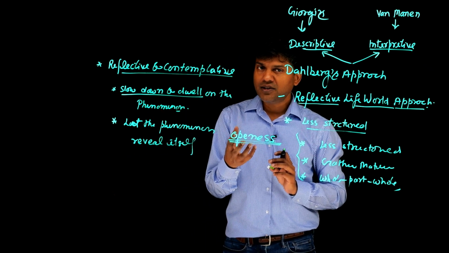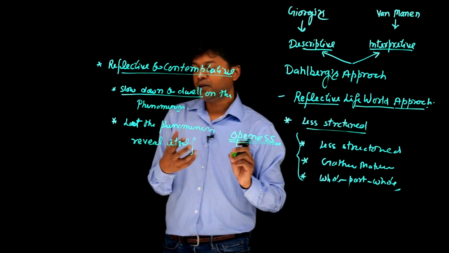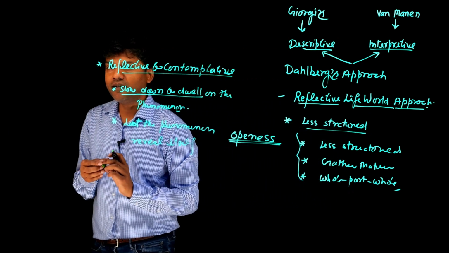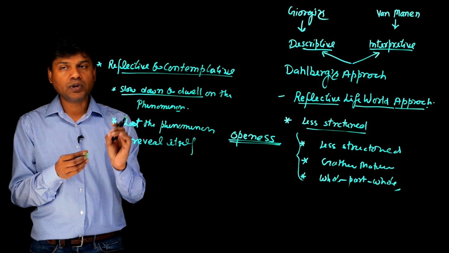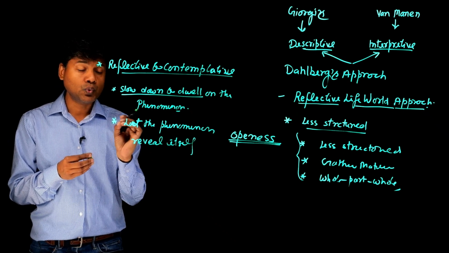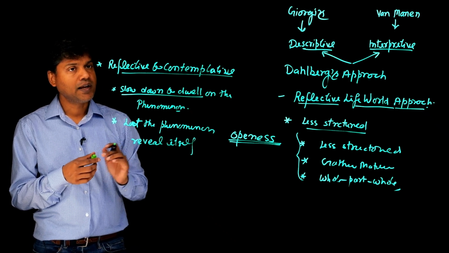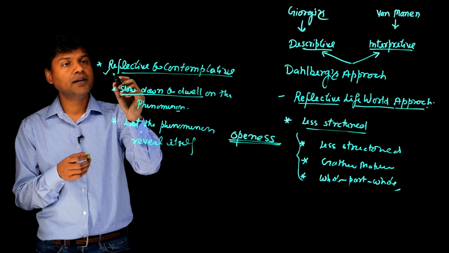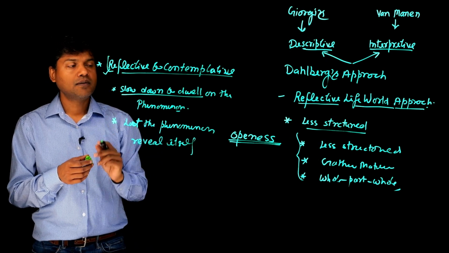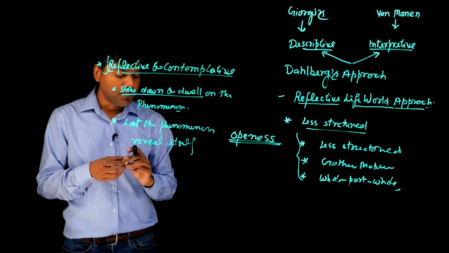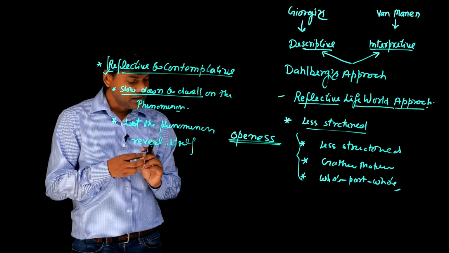You don't need to just chase down the phenomenon. It will reveal itself if you dwell and be with the phenomenon. Again, this reflects the same idea of a reflective, thinking, contemplative approach to conducting research.